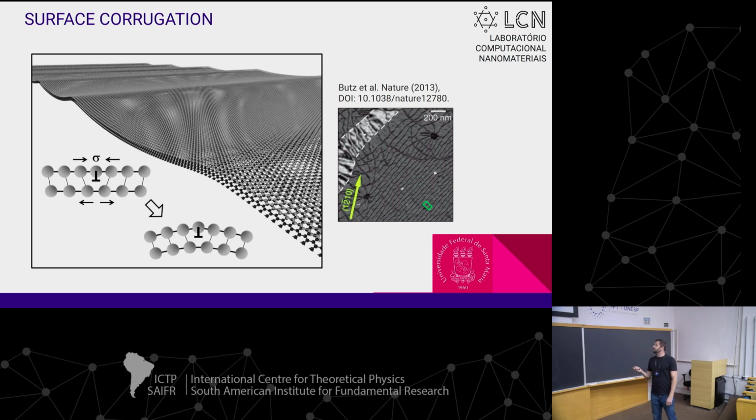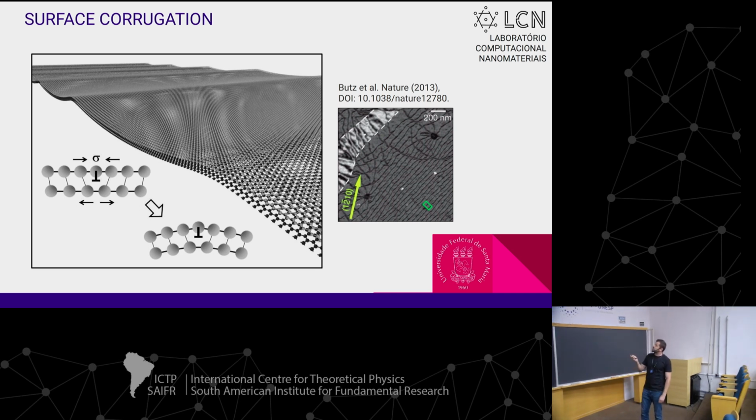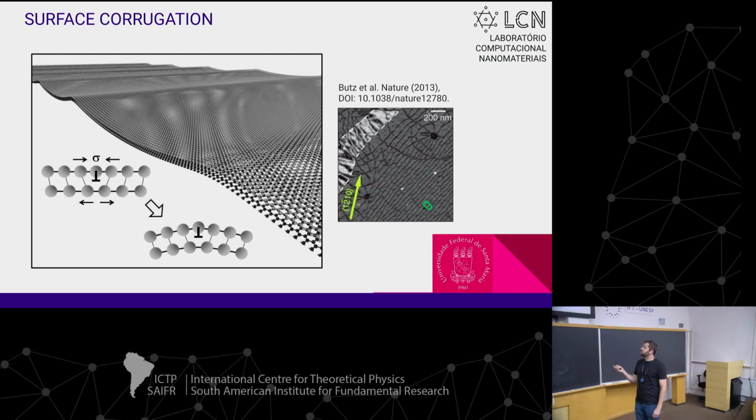That's why in experiments it's more common to see graphene in an undulated way. Of course, there are different deformations, different conformations graphene can assume, but it's quite easy in experiments to find this kind of undulated surface geometry.